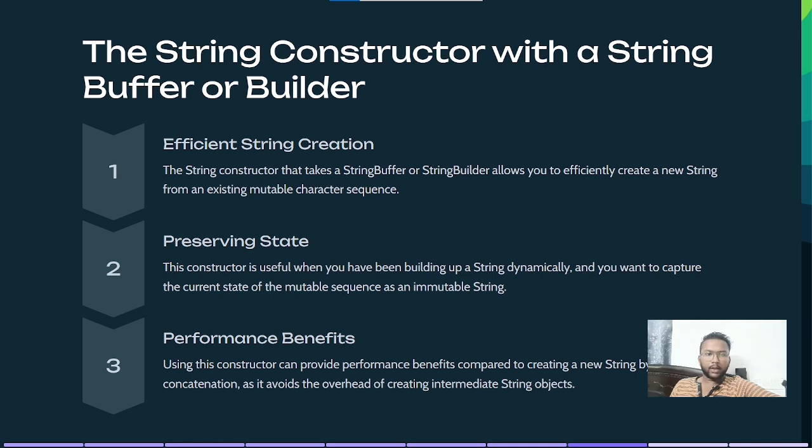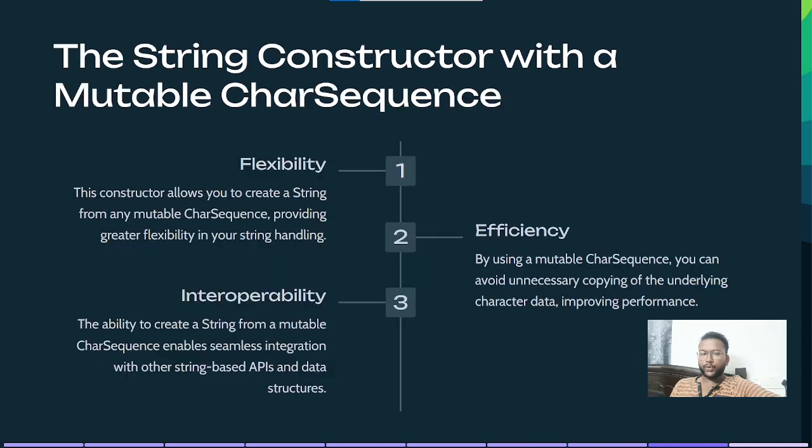Performance benefits: using this constructor can provide performance benefits compared to creating a new string by concatenation, as it avoids the overhead of creating intermediate string objects.